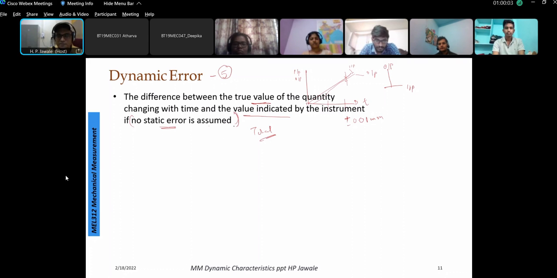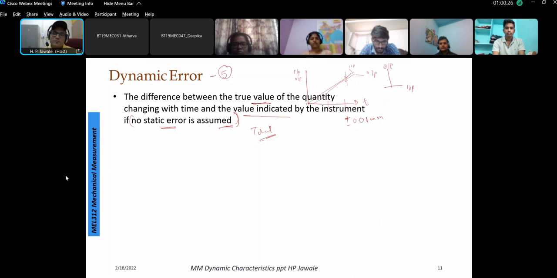Now you can understand, it is becoming more and more difficult to know the characteristics of the instrument in the dynamic response. And that is why we assume here that the static error is removed. The instrument is well calibrated and the static error is removed, or it is not present at all.